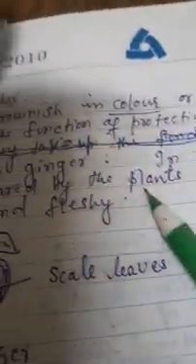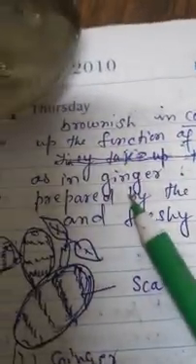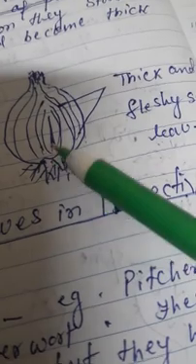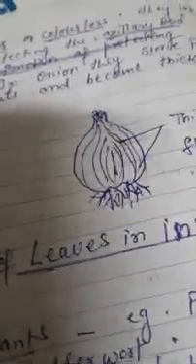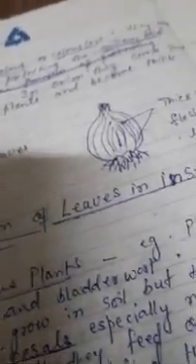In onion, the axillary bud, as in ginger, stores food prepared by the plants and becomes thick and fleshy. This type of modification. Modification in leaves.